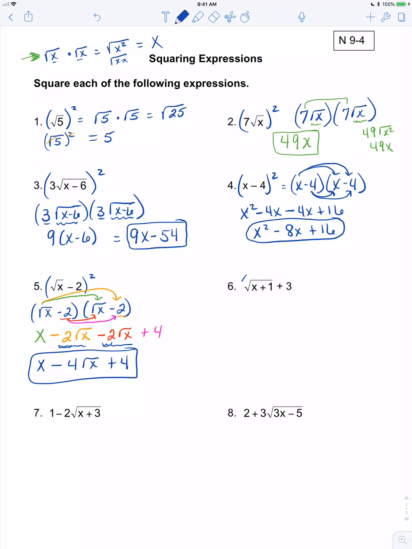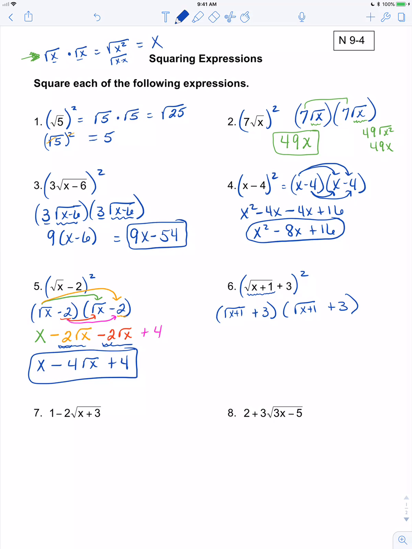These things are starting to get a little bit longer, and we're going to square the square root of x plus 1, plus 3. Think about this as one term because it's all under the square root sign. So we've got the square root of x plus 1 plus 3 times the square root of x plus 1 plus 3.